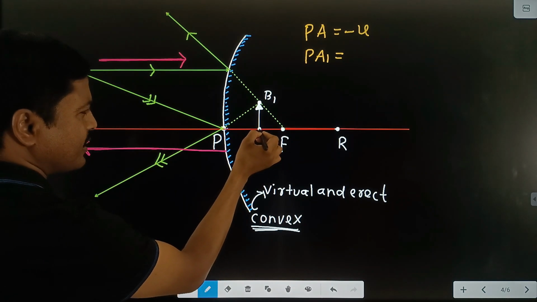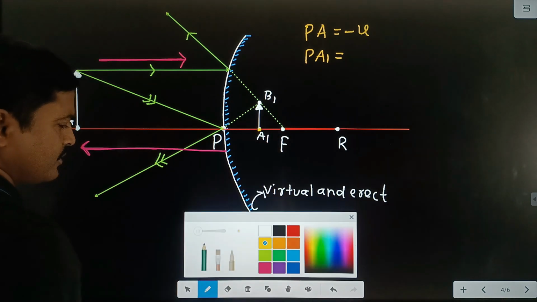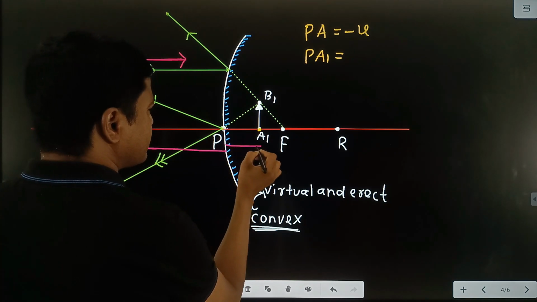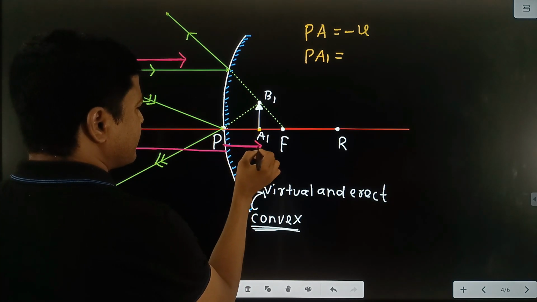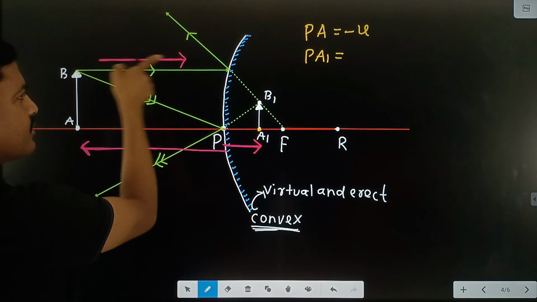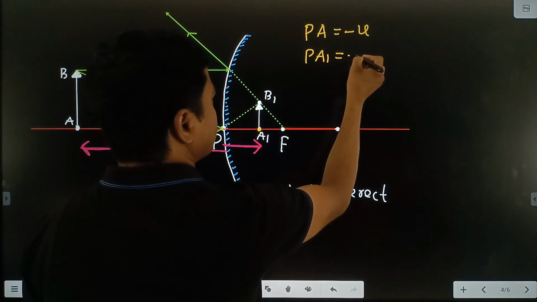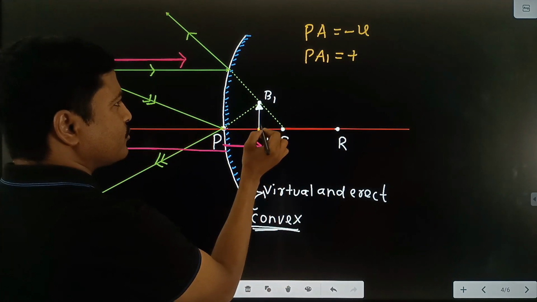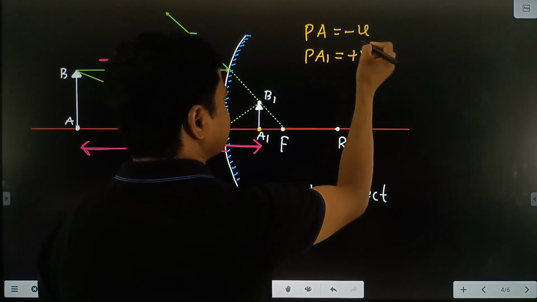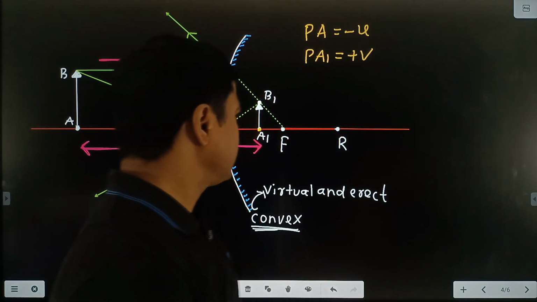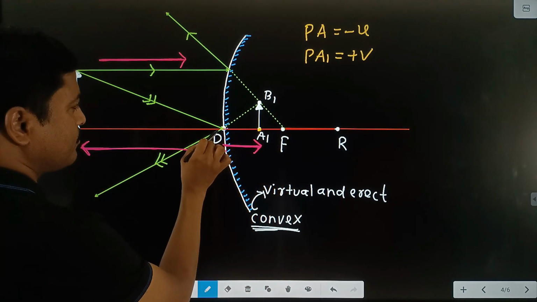At point A1, this is the position of the image, and the measurement is from P to A1, not A1 to P. P to A1 is in the same direction as the incident ray, so PA1 is positive, and A1 is the position of the image. For image distance we write the symbol v, small v. Similarly, F, P to F.